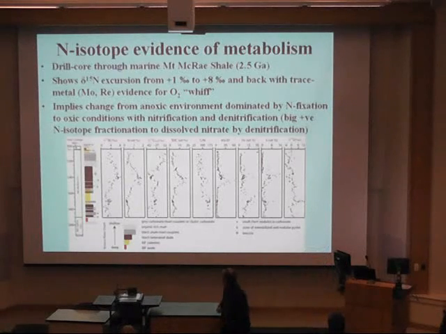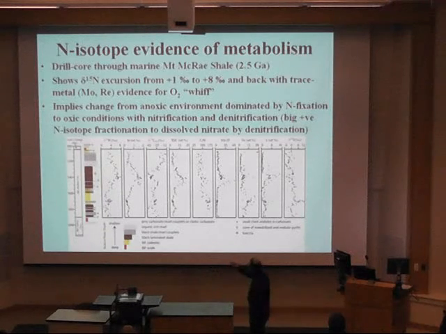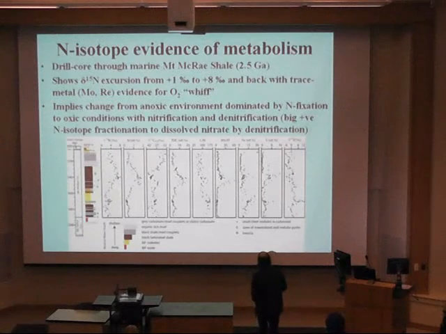You can also look at isotopes of nitrogen in really old rocks. Here's a drill core. This is just a graphic log of the rocks in the drill core, and there's lots of black laminated shale in it. And if you look in that, you'll see that the nitrogen isotope compositions are low here and get steadily higher and then drop back to low values.